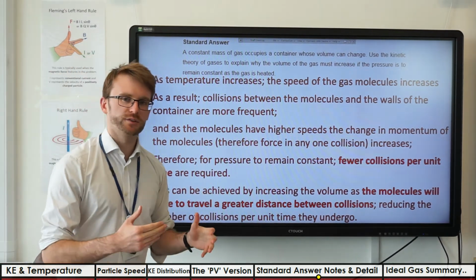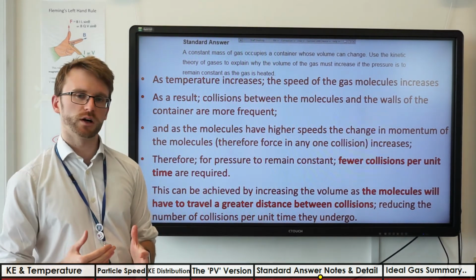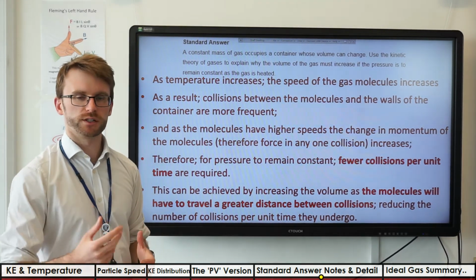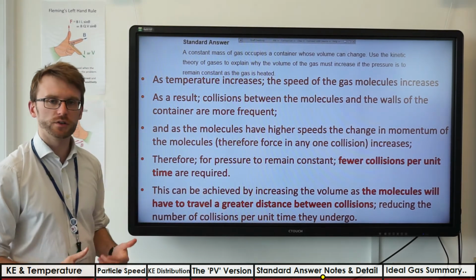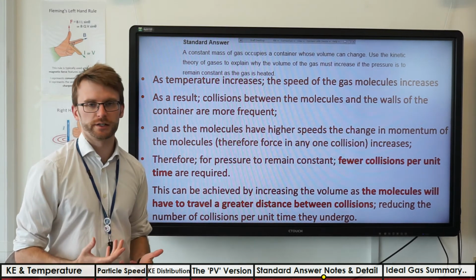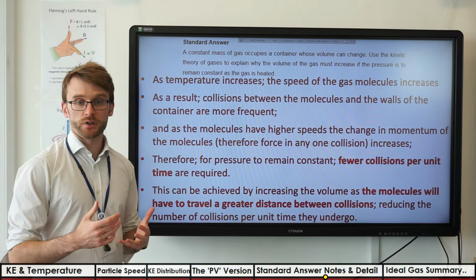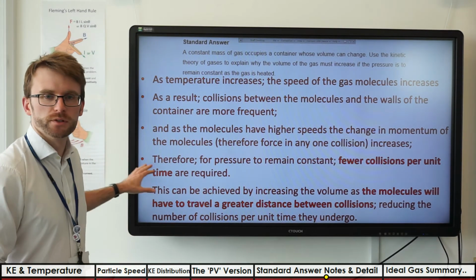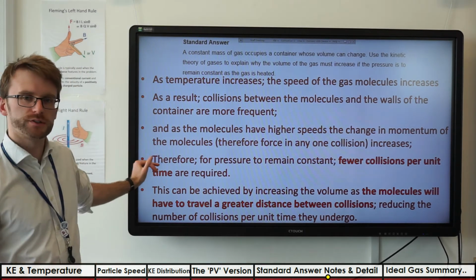Now what we have to do in the second half of this standard answer is the hard bit. We have to explain why that means the volume must increase so that the pressure is constant. In order to keep the pressure constant when those particles are moving at higher speeds, we need to try and reduce the number of collisions. So the first additional bullet point in this standard answer states that fewer collisions per unit time are required.